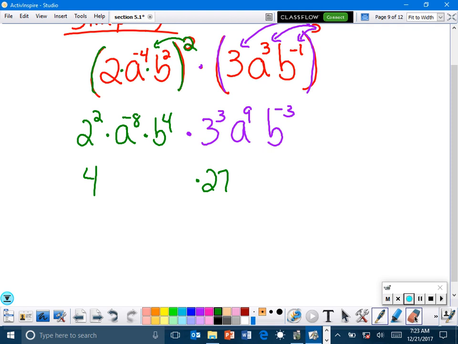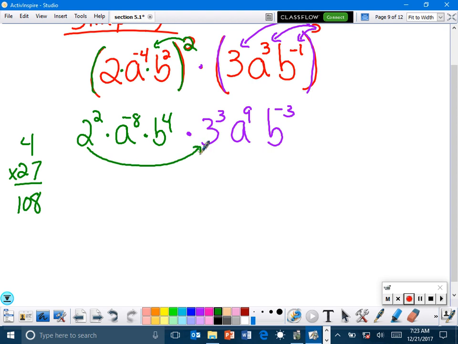So what I'm going to do, I'm going to erase this here quick and go off to the side and do this scratch work. Again, 2 to the second power is 4, 3 to the third power is 27, and I'm going to multiply those together. And that becomes, I believe, 108. So these two become 108.